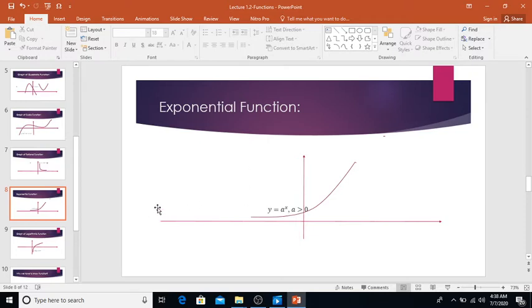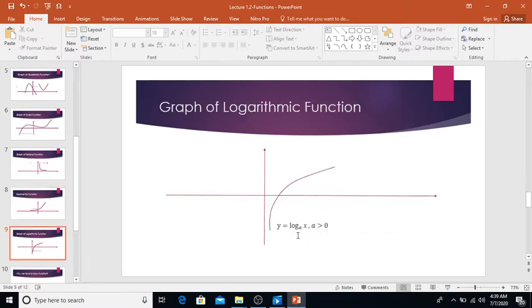Exponential function, y equal to a to the power x, of this type, ever increasing. Exponential function is ever increasing or ever decreasing of this type. And finally, this is logarithmic functions of this type.